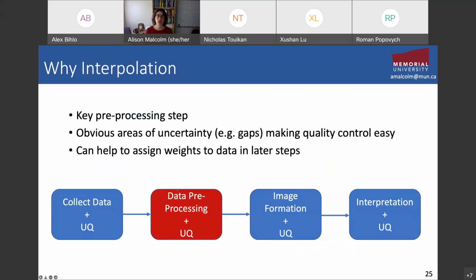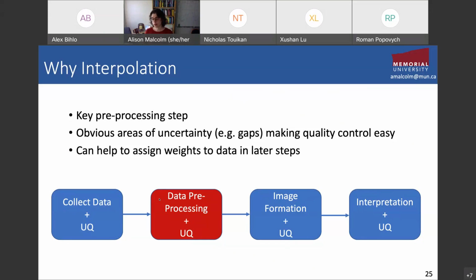And we thought we would start by looking at data pre-processing. One of the data pre-processing steps where it's easy to think about the errors is data interpolation, because we often have gaps in our data. Particularly on land, for example, there might be roads, buildings, ponds, and so there are almost always gaps in the data.